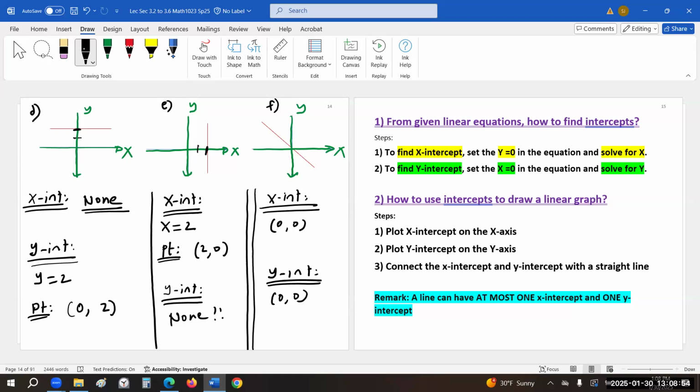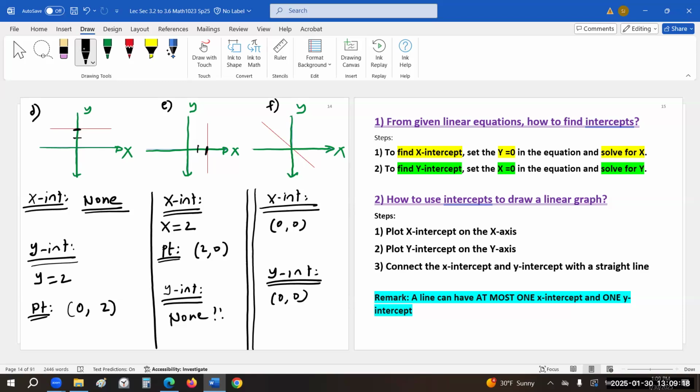Similarly, for every y-intercept, x is 0. So to find the y-intercept, we set x to be 0, or just erase the x term, and whatever remains, solve for y. That's it. That's all you have to do. To find the x-intercept, erase the y, solve for x.